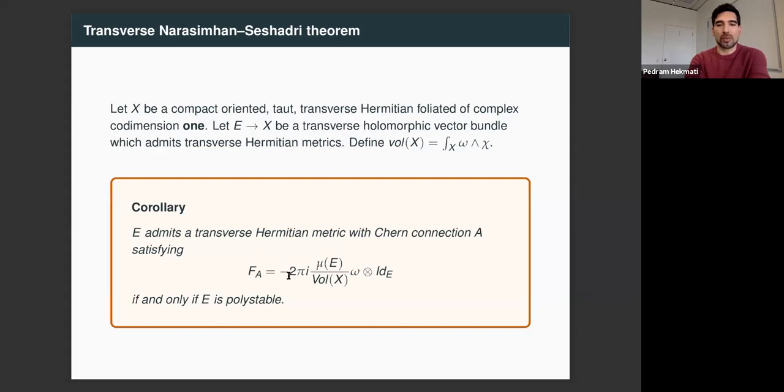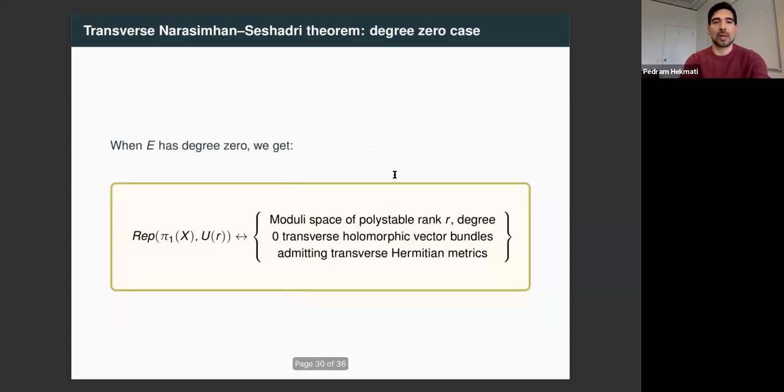And the transverse Hitchin-Kobayashi correspondence takes a simpler form, namely that a holomorphic bundle admits a Hermitian-Einstein metric if the curvature is projectively flat. So this is a transverse version of the Narasimhan-Seshadri theorem, if your manifold is foliated by a codimension 1 foliation.